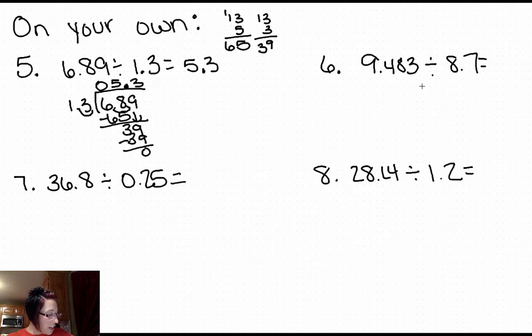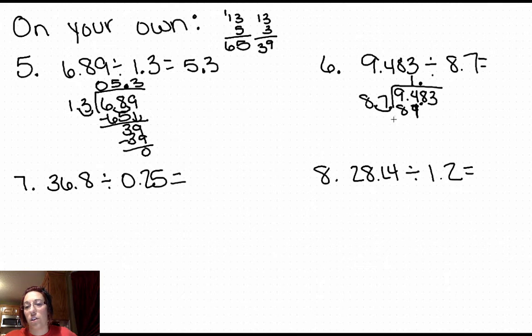Let's look over here at number 6. We have 9 and 483 thousandths divided by 8 and 7/10. Move it over 1, move it over 1, and straight up. 87 will go into 94 one time. Bring this down. So we get 78.